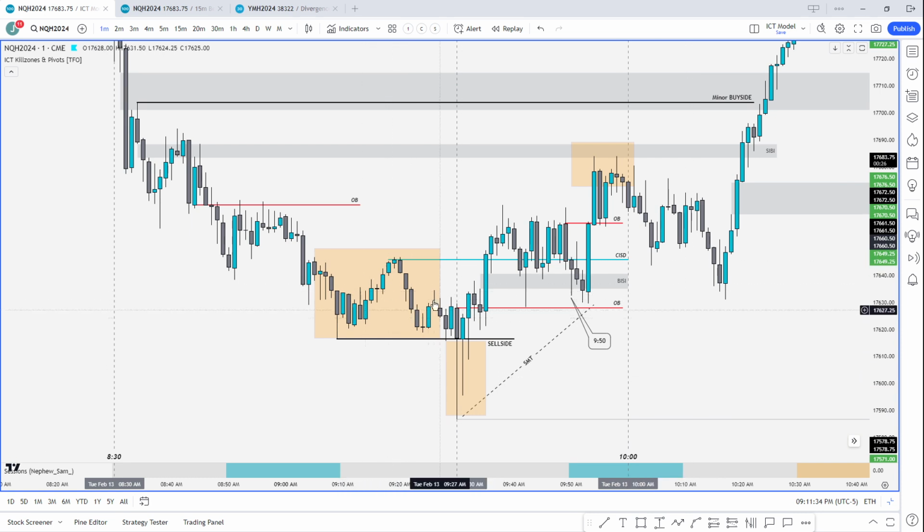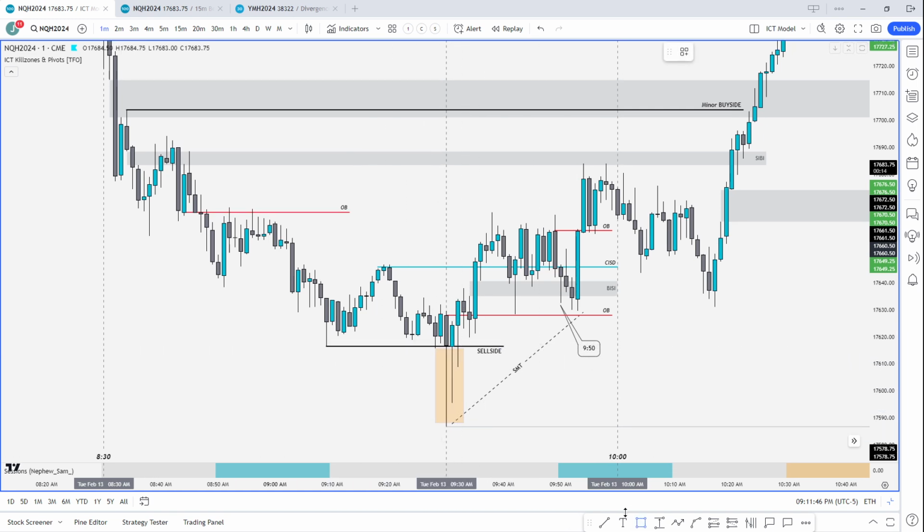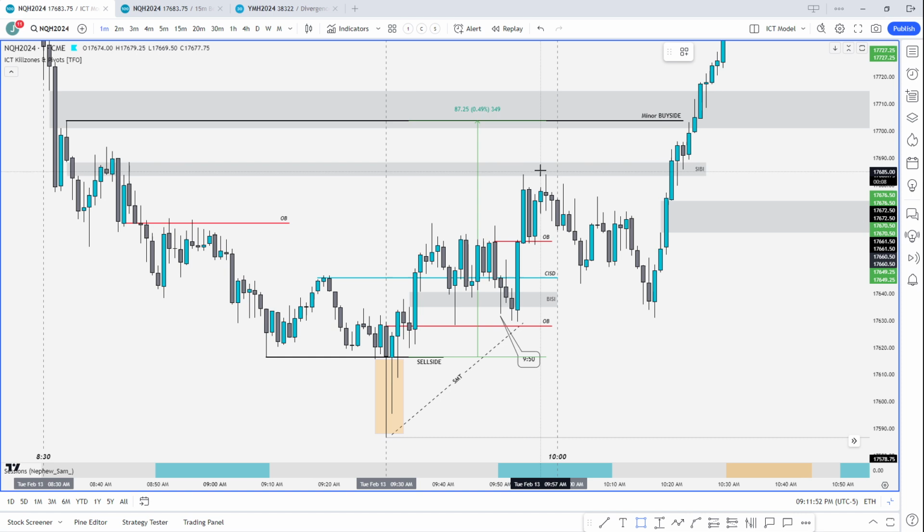But for me, while that does work, I also do consider this as accumulation, the true accumulation of buy orders that pair with sell orders, your offset distribution. Manipulation is our move to the buy stops, and then distribution occurs at another offset distribution area, right?